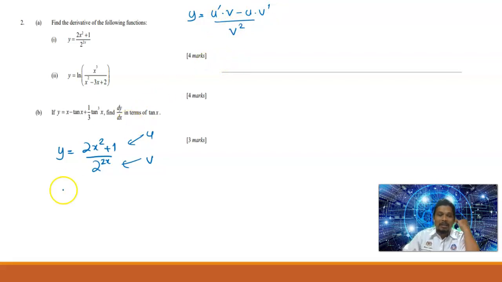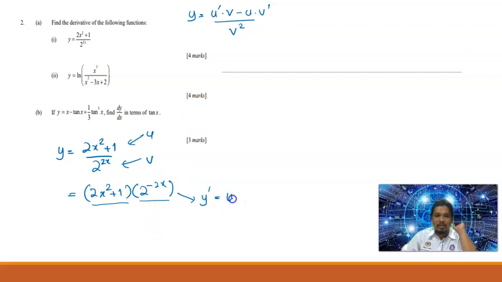But if we modify this or make some adjustment here, 2x squared plus 1 multiplied with 2 to the power of negative 2x, then this dy/dx or y prime comes up with u prime multiplied with v plus u multiplied with v prime.